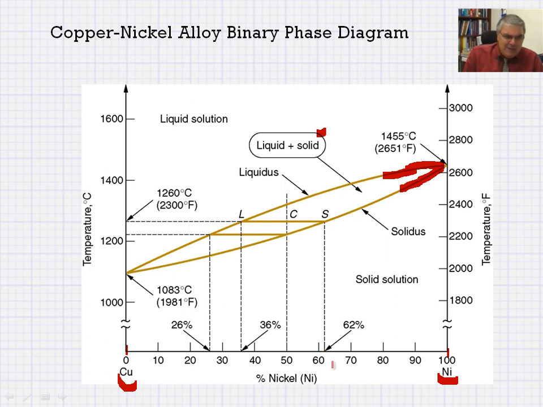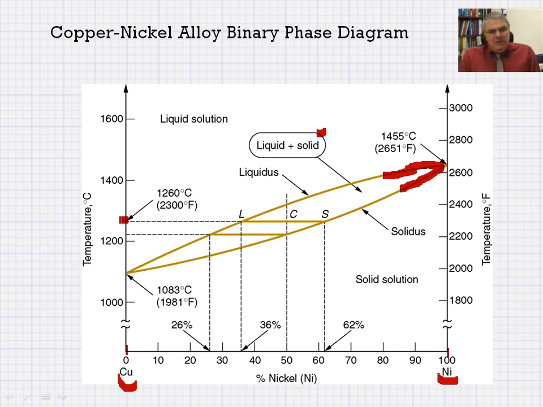Let's say that you start melting this alloy, and after it becomes completely liquid, you measure the temperature, and it shows that it melts at 1260 degrees Celsius right here.